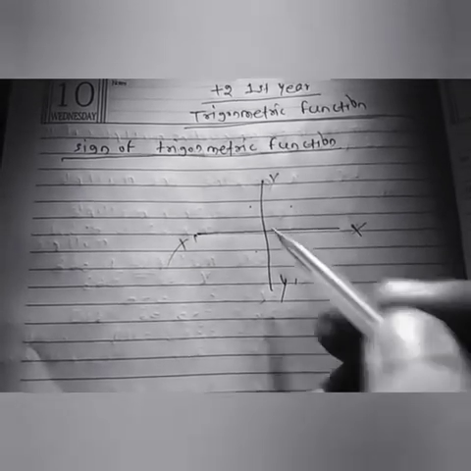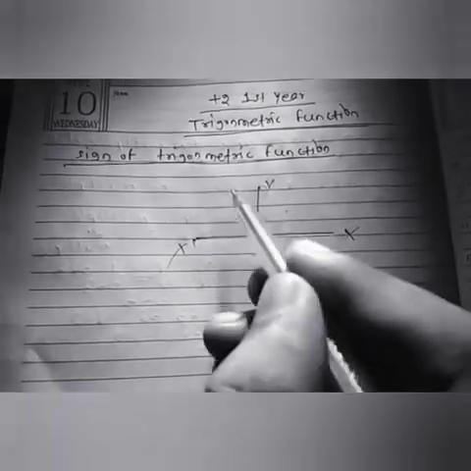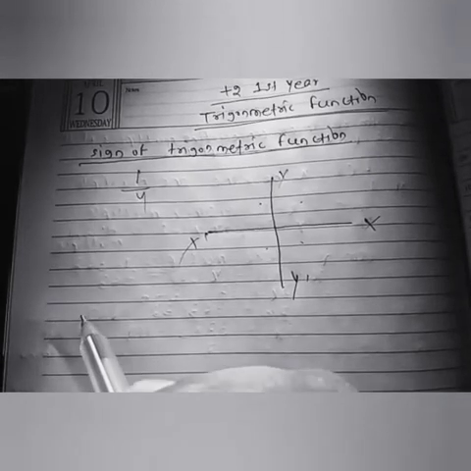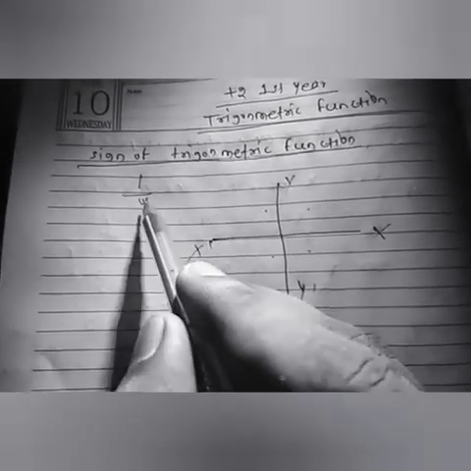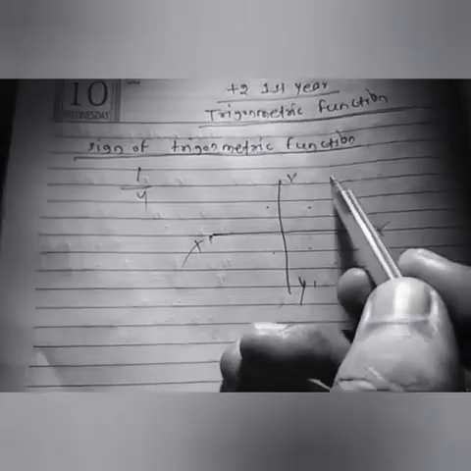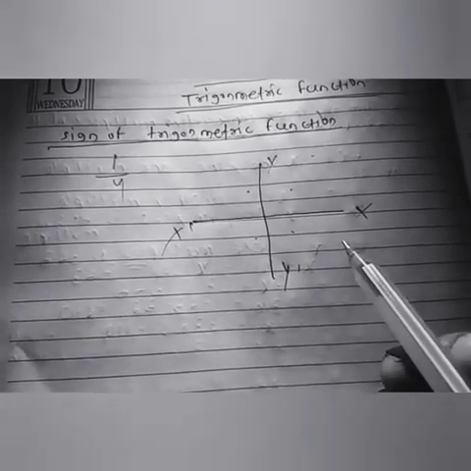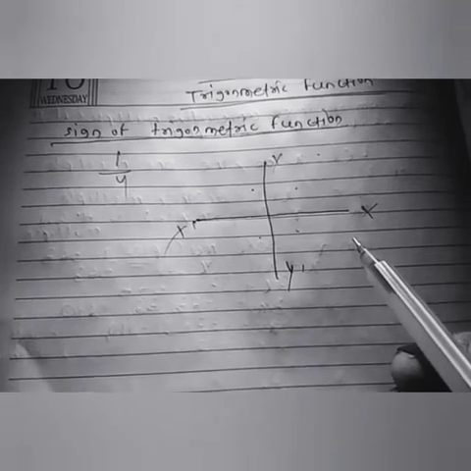So each part is 1 by 4. We know 1 by 4 as quarter. 1 by 2 is half and 1 by 4 is quarter.